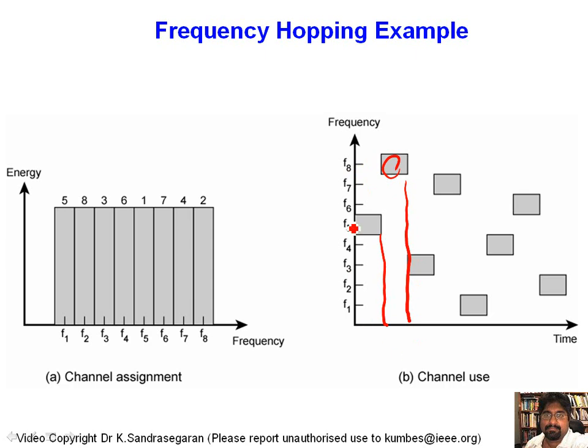Again, even in this case, if selective fading was to occur and a portion of the frequency band was to get wiped out, you will still be able to recover the original signal. So that is frequency hopping spread spectrum. The one that is more used in wideband CDMA is the direct sequence spread spectrum technique.